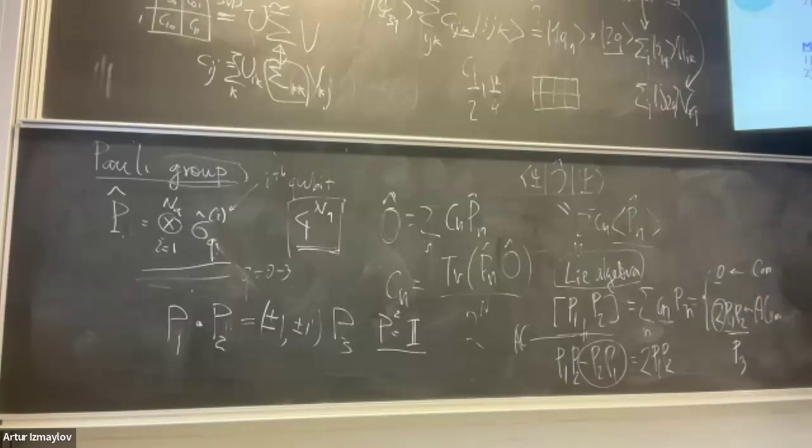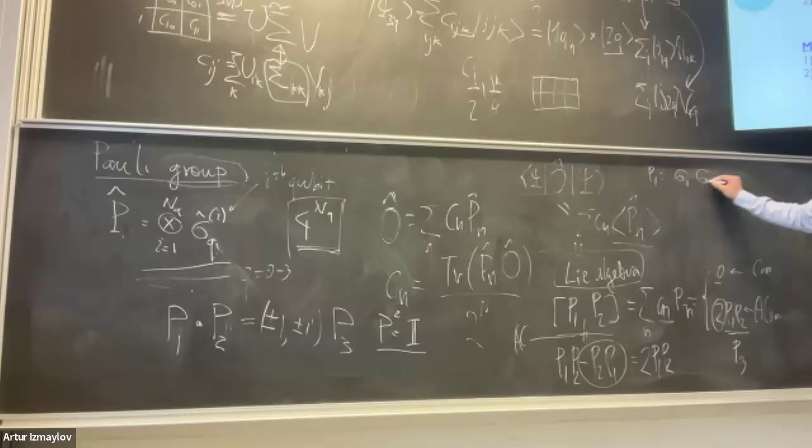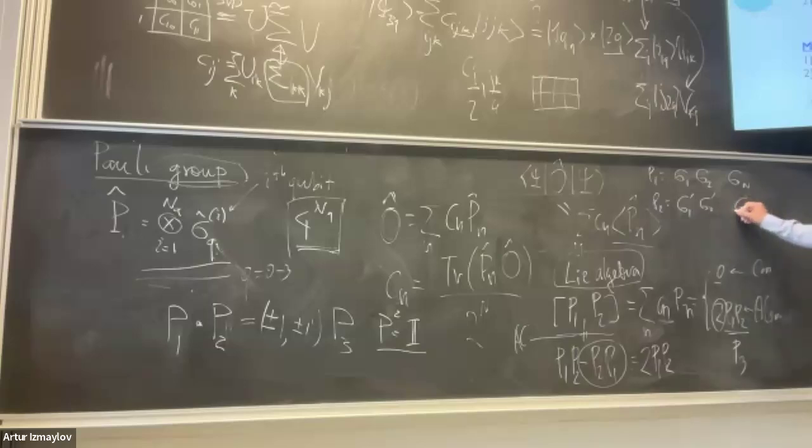Just to give you a first mnemonic rule, let's say for Pauli 1 we have sigma 1, sigma 2, all the way to sigma n, and for Pauli 2 we have sigma 1 prime, sigma 2 prime, all the way to sigma n prime. You can write every Pauli like this.